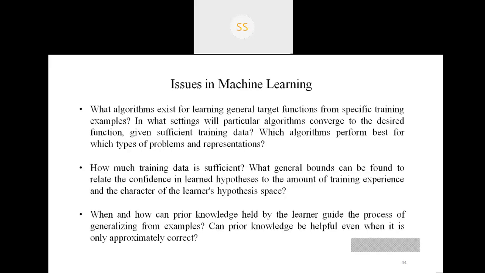Whether the prior knowledge of the learner will help in generalizing from the examples or not. Can prior knowledge be helpful even when it is only approximately correct? Even if you have some prior knowledge that is not correct or not complete, whether it is going to help you build the solution or not. These are some issues with respect to machine learning.